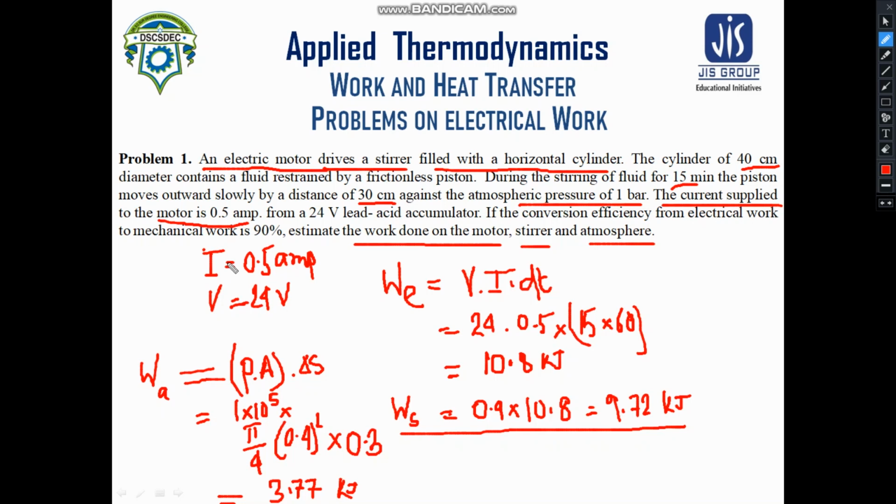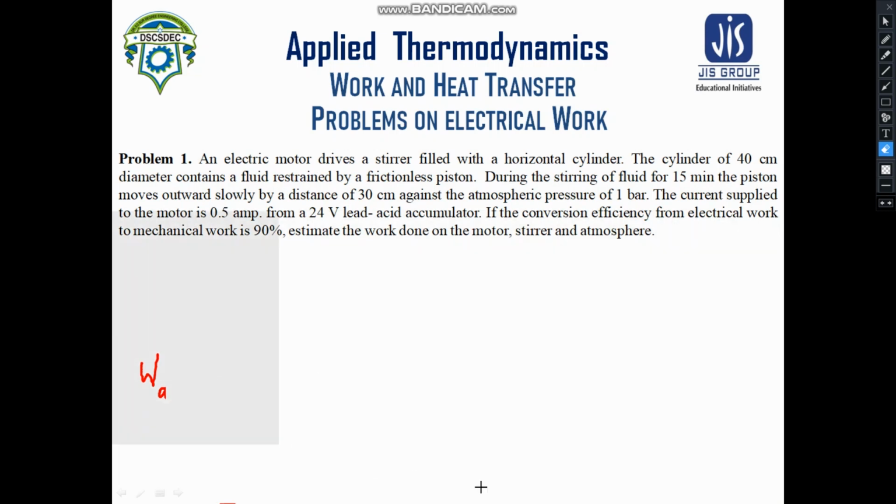So energy is being transferred from motor to the stirrer and stirrer to the fluid. So this is a very simple problem. You just need to understand the concepts. I hope that you have understood the problem very minutely. There was nothing special application of electrical work transfer, but still there was a basic formula which was required.